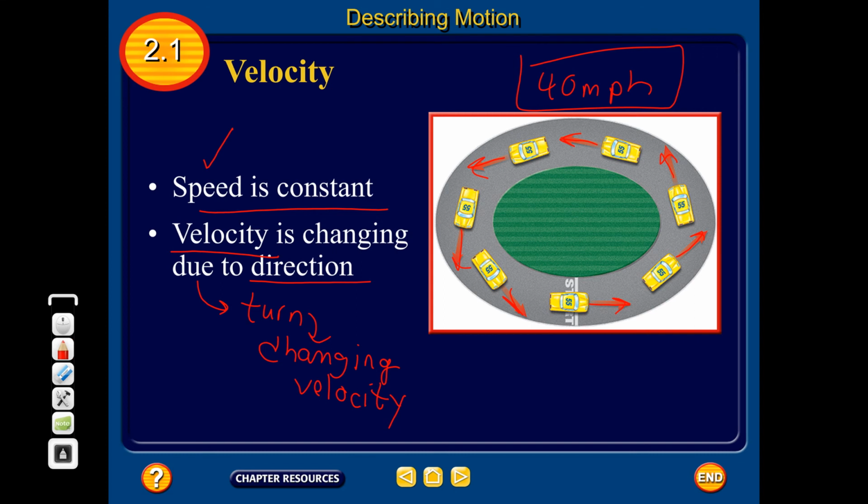So while it might seem kind of silly going, oh my gosh, why am I really worried about the direction? We got to keep it in mind if objects are going opposite ways. We'll have a different type of collision occur. We'll have a different, basically, event occur if this car is going one way versus another way. So we do care about the direction. Okay? So just the big thing to remember, when you turn, your speed can stay constant, but your velocity cannot. It has to change.